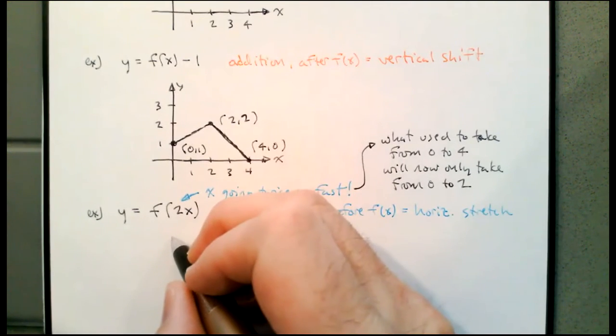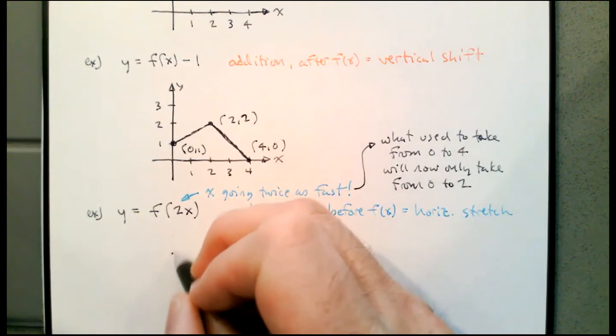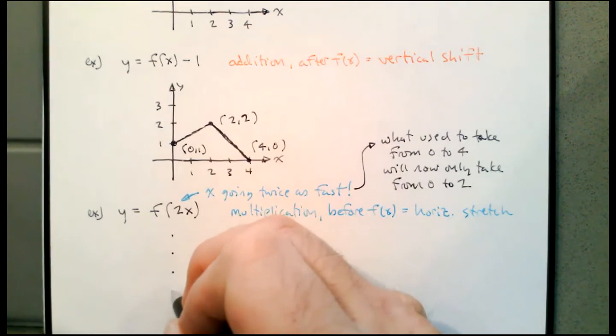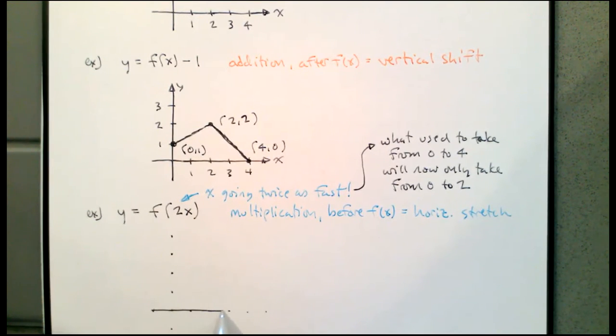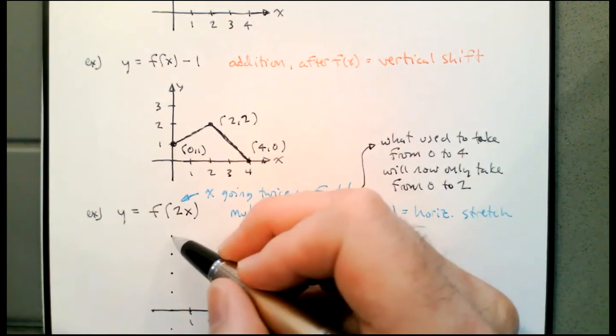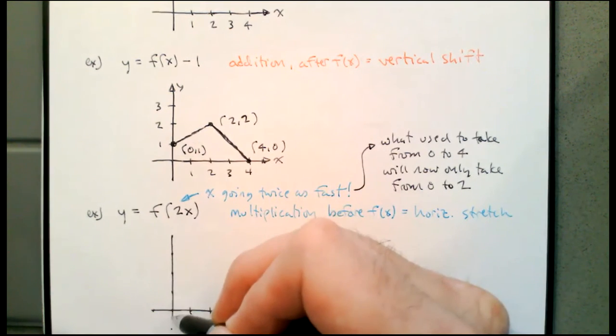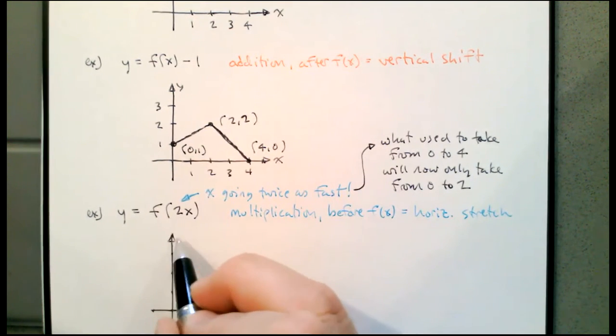So instead of this whole graph taking the space from 0 to 4, it's now going to be done in 0 to 2.